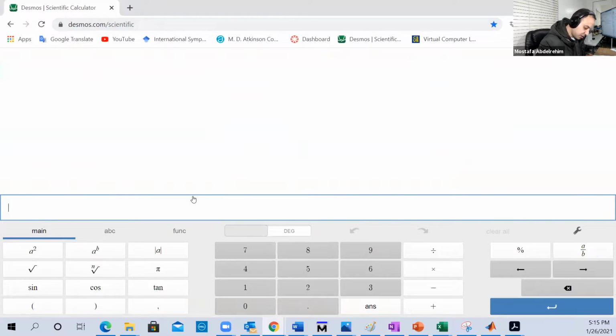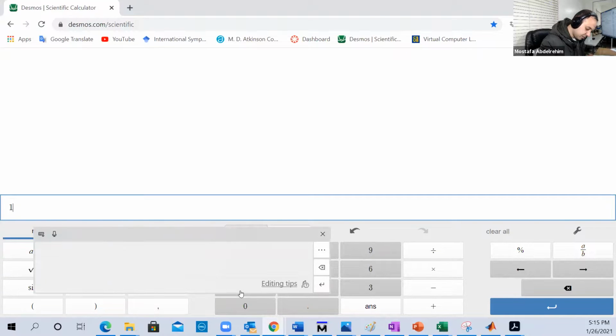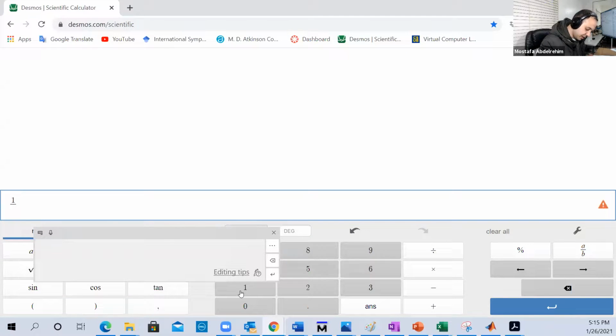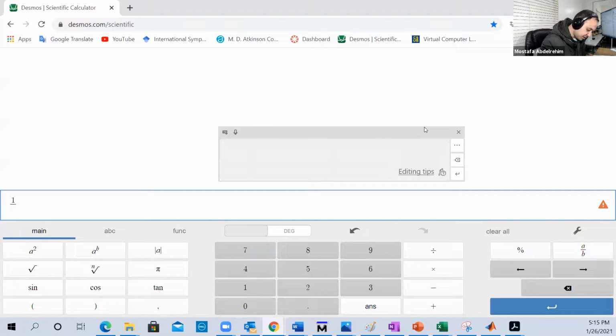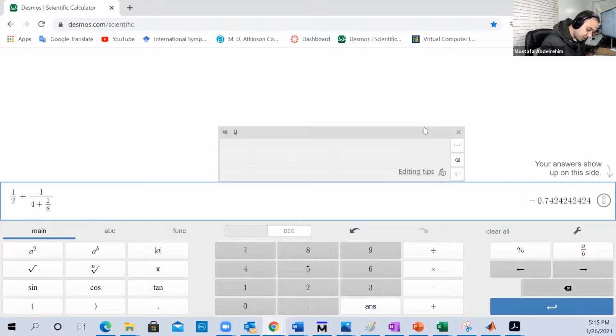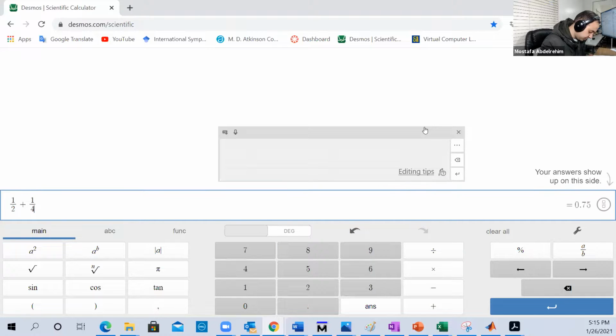So 1 divided by 2, then plus 1 divided by 4, then plus 1 divided by 8, then plus 1 divided by 16.